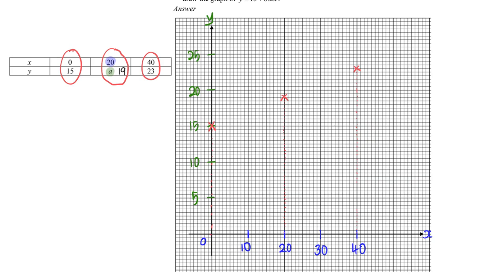Next is to use a ruler, please, and join them up. Do remember to write down the equation of the line. And we are done with part B.